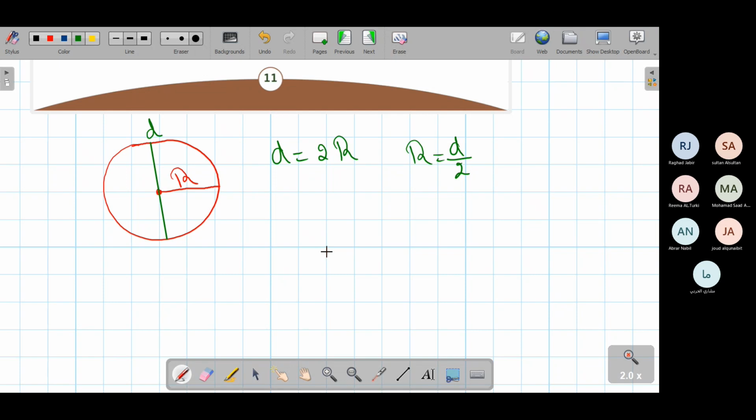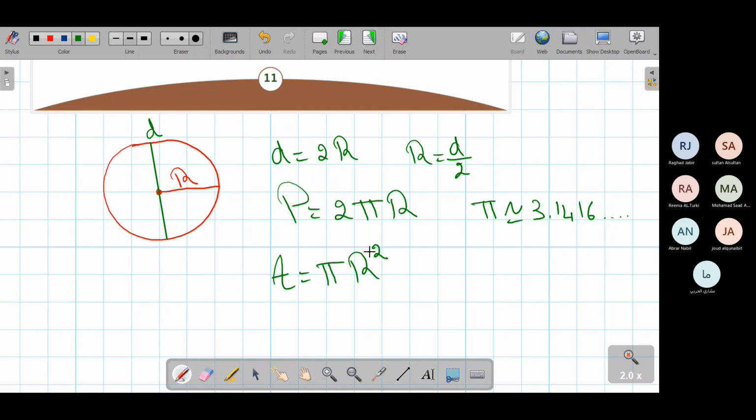Now, what about the perimeter of the circle? The perimeter of the circle is 2 pi r, of course, pi approximately 3.1416. The area of the circle is pi r squared. We need to memorize these rules.